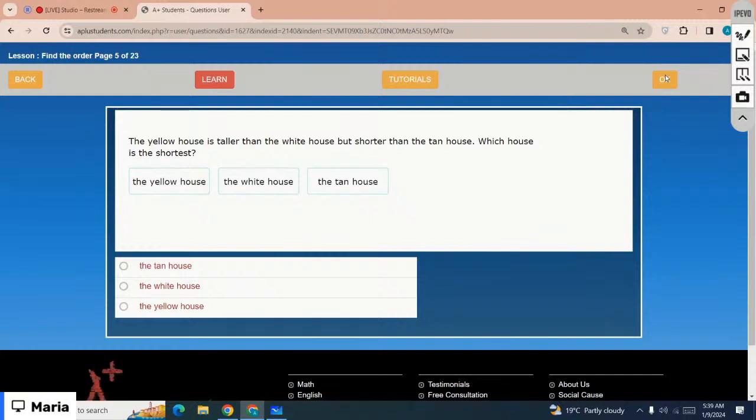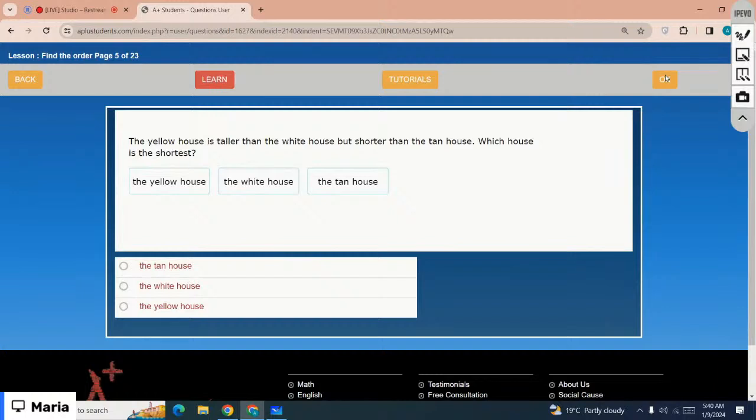Think and then answer. You can take your time, no hurry. The yellow house is taller than the white house, but shorter than the tan house. Which house is the shortest? Which is the correct option? No guesses.